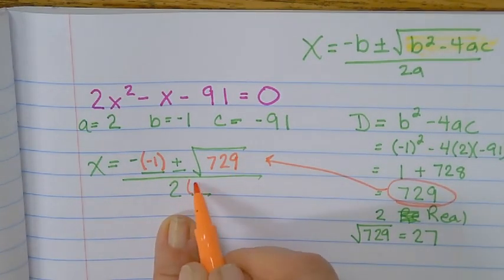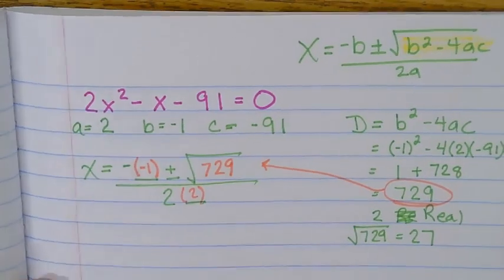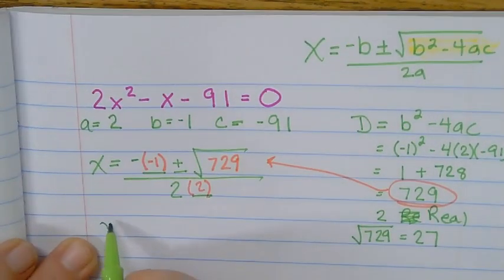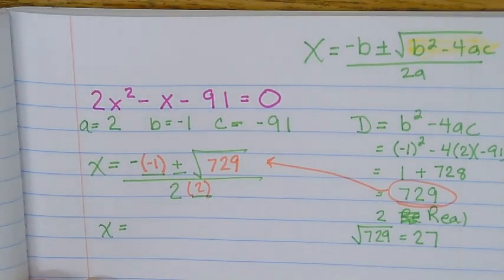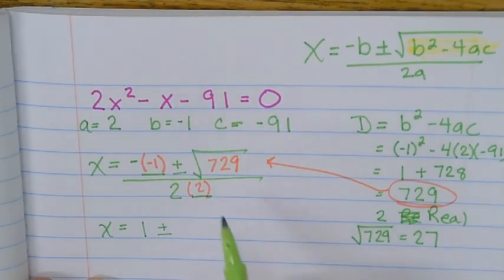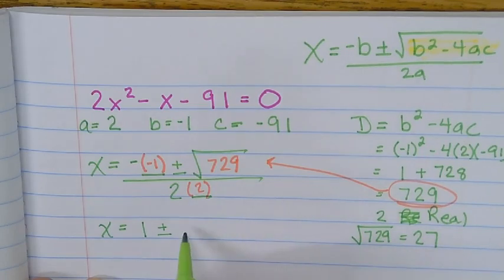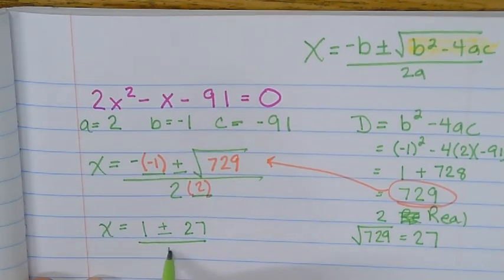And a is 2. Let's just clean this up a little bit, okay? This is 1, plus or minus. Square root of 729 is 27 over 4.